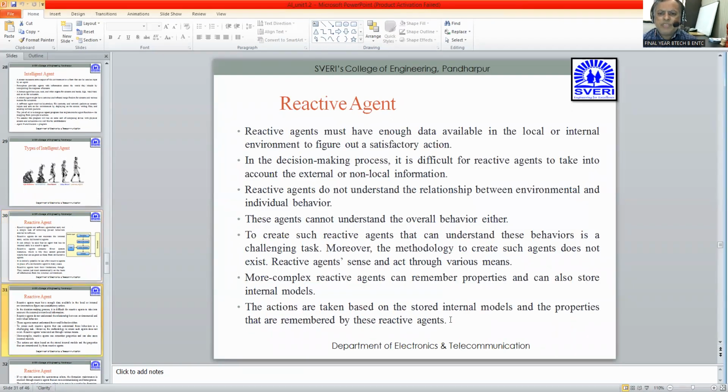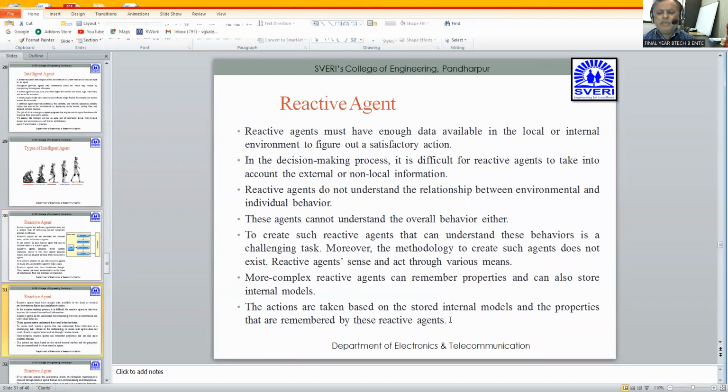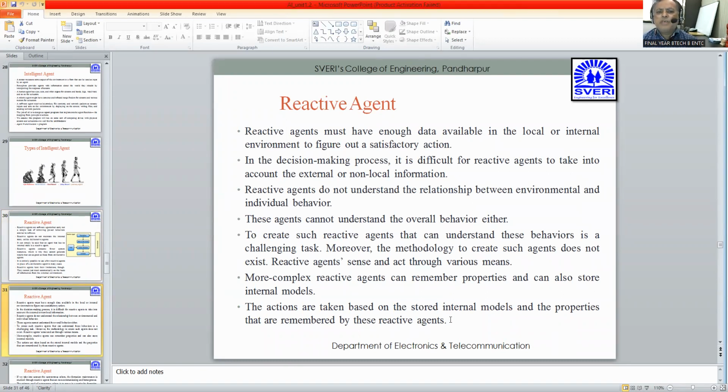The most important thing is that the reactive agent should have a large amount of information with it so that it can reach a satisfactory action. In the decision making process, reactive agents face difficulty taking into account external and non-local information.